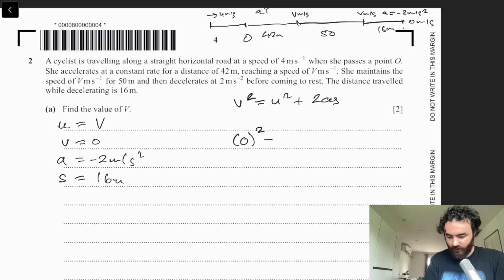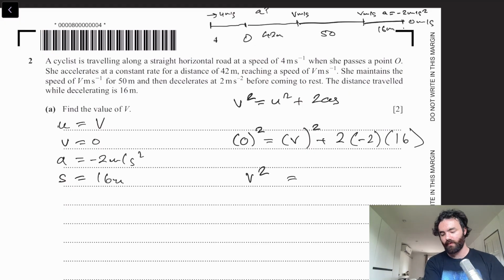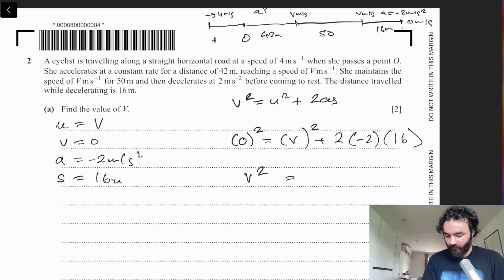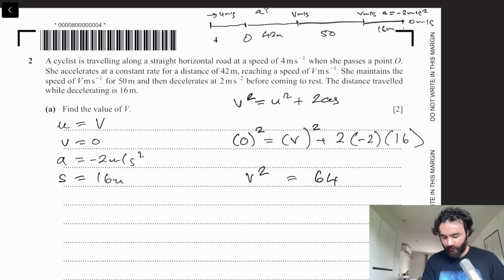So 0 squared equals v squared plus 2 times minus 2 times 16. I have all those things, I just don't have v. So v squared equals 2 times 2 times 16, so 64. Therefore v equals 8 meters per second.